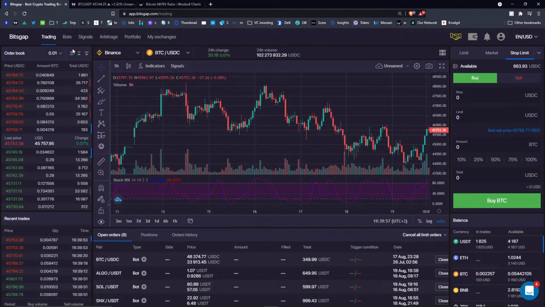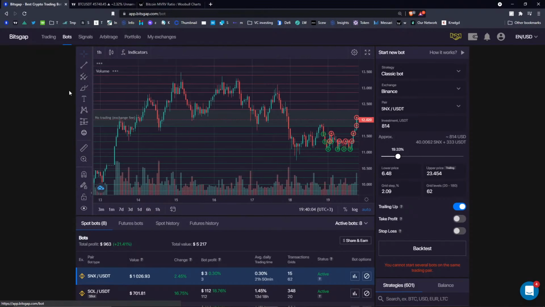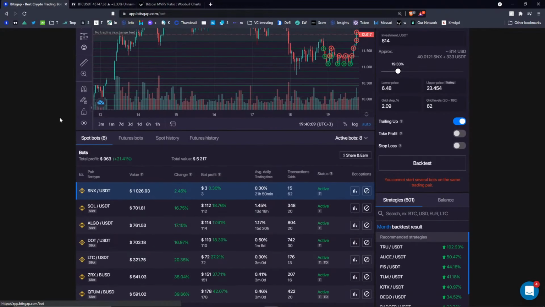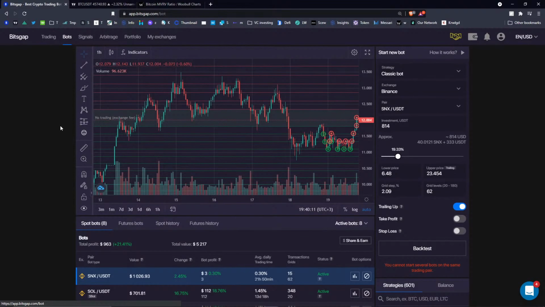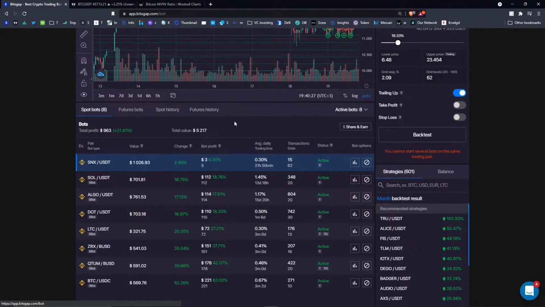Because sometimes, and we have actually seen this multiple times, Binance itself cannot keep up with the order flow it receives from our Bitsgap community, because we have this huge army of traders and portfolio managers, all of them simultaneously sending a huge number of orders to exchanges, and sometimes they just cannot keep up. But on our side, we always make sure that we have enough capacity to handle the workload.